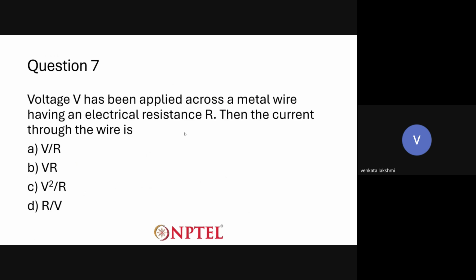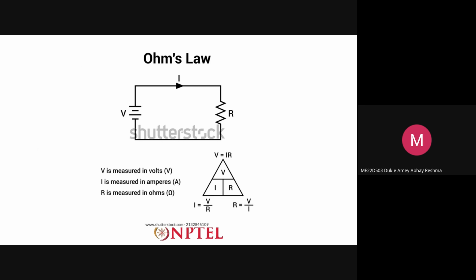So we move to the next question. This is basically the easiest question. Voltage V has been applied across the metal wire having electrical resistance R. Then the current through the wire is V by R, VR, V square by R, or R by V. So basically, it's Ohm's law, which we studied from the fifth standard. V is equal to IR.